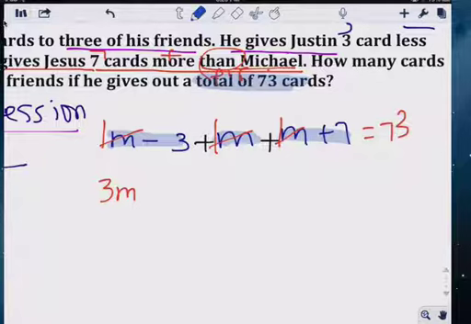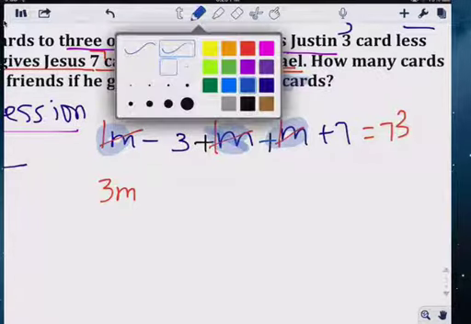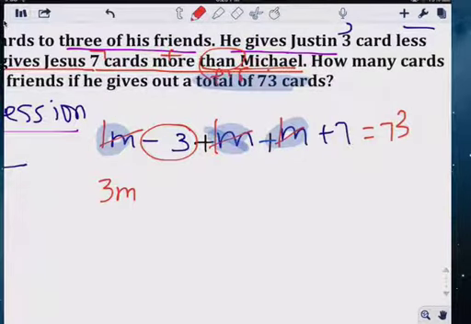Okay, and then let me erase the highlighted parts. Okay, we got rid of these. We still have a -3 and a +7.